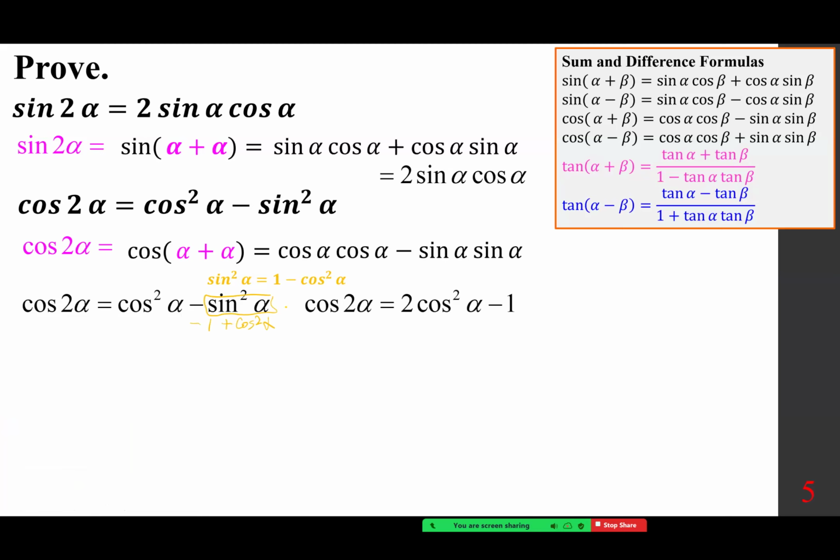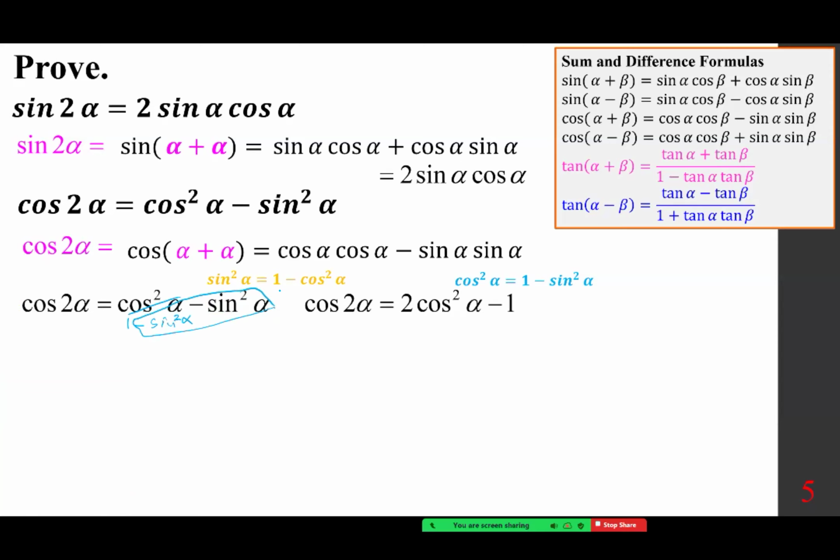But instead of that, if we replace it with cosine squared alpha equals 1 minus sine squared, going back to the original one, replace the cosine squared with 1 minus sine squared.